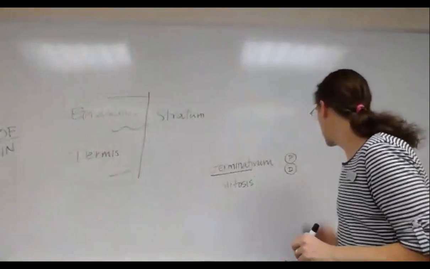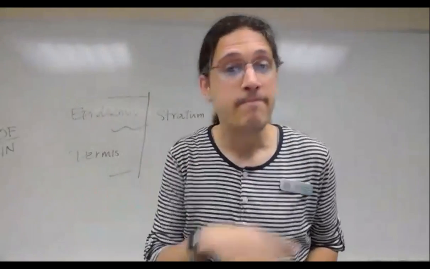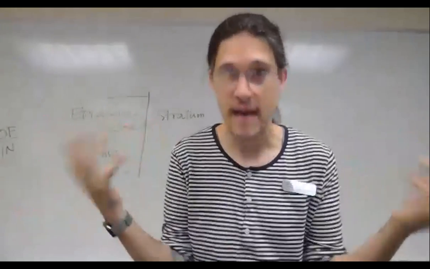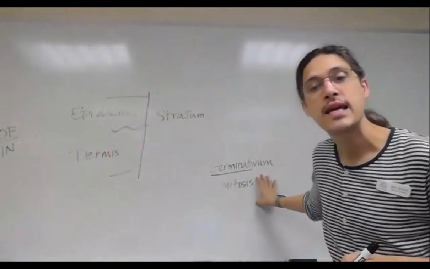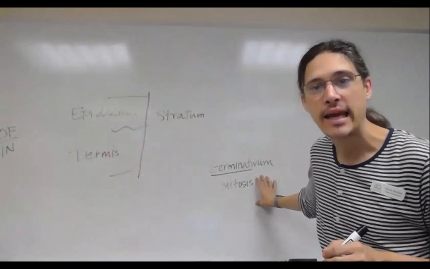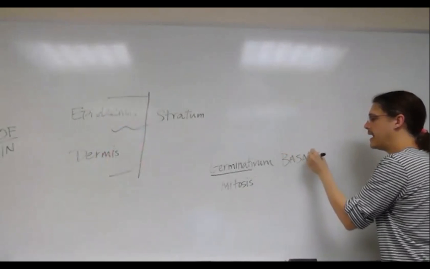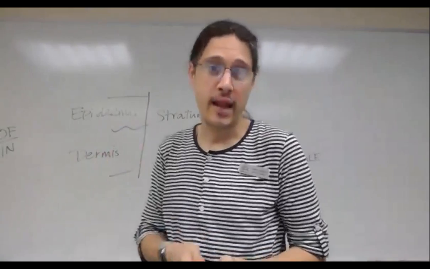Now, one more little tidbit. Welcome to anatomy. Everything has 4 different names. We just have to die mad about it. Another name for the stratum germinativum is stratum basale, B-A-S-A-L-E. This is, again, coming from a Latin word.